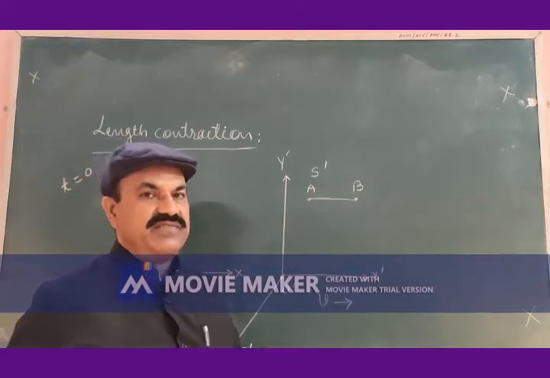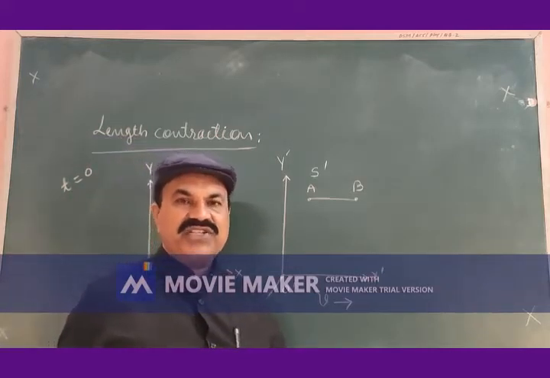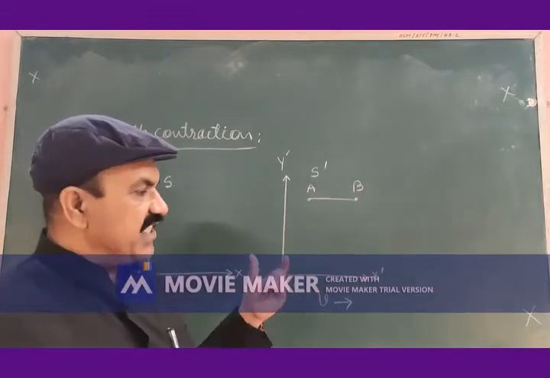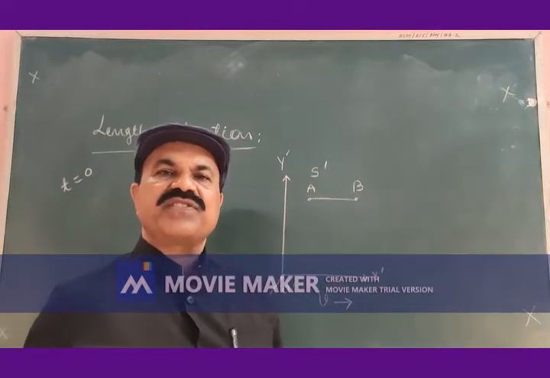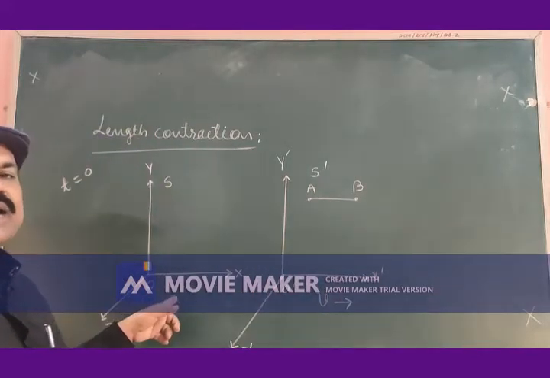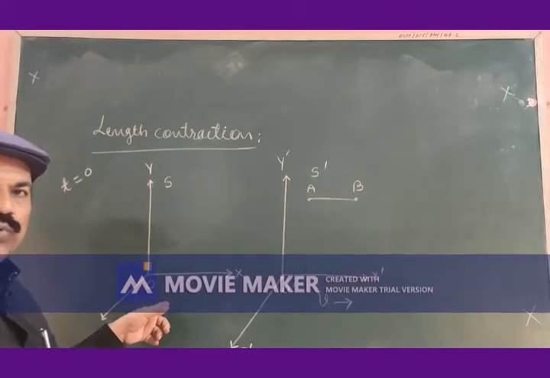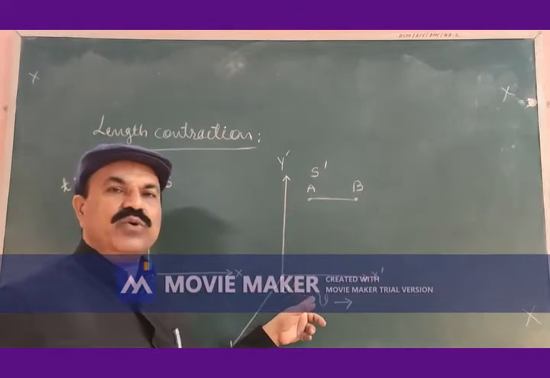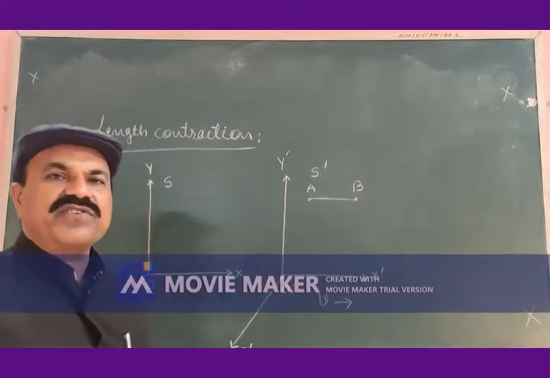Because of this reason, y coordinates in both frames of reference will be same, z coordinates in both frames of reference will be same, as noted by observer O in frame of reference S and by observer O prime in frame of reference S prime.